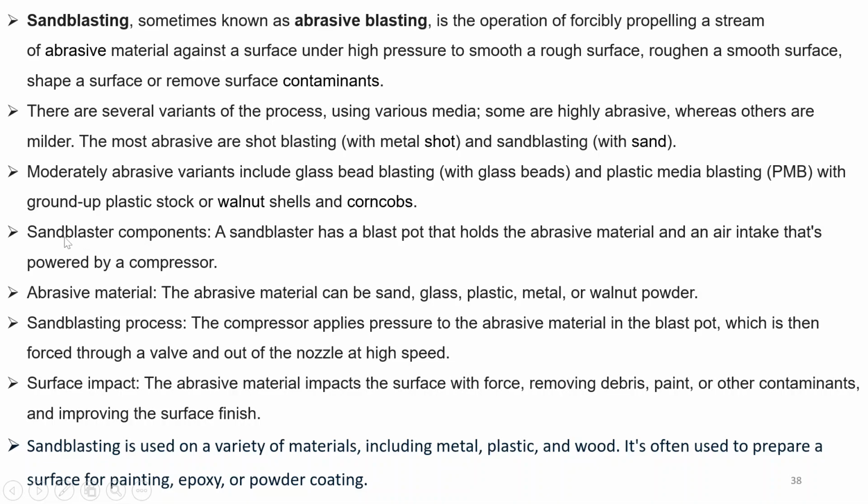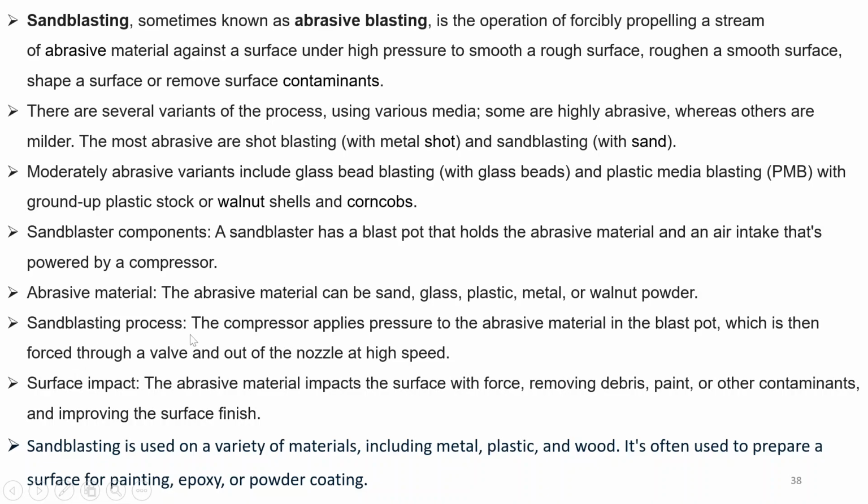The sandblaster components: a sandblaster has a blast pot that holds the abrasive material and an air intake that's powered by a compressor. We have abrasive material, which can be sand, glass, plastic, metal and walnut powder.